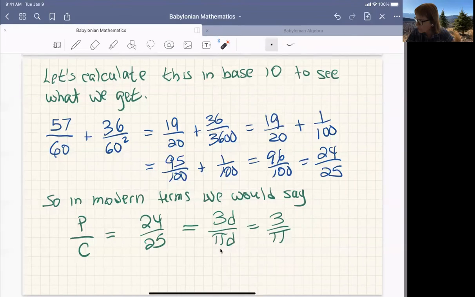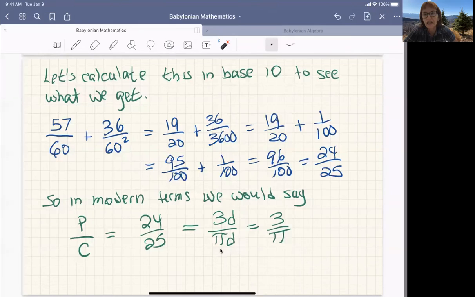Okay, so looks like I want a common denominator of 100. So I'm going to multiply this numerator and denominator by 5. So 19 times 5 is 95, 20 times 5 is 100. So now I get 95 over 100 plus 1 over 100 is 96 over 100.